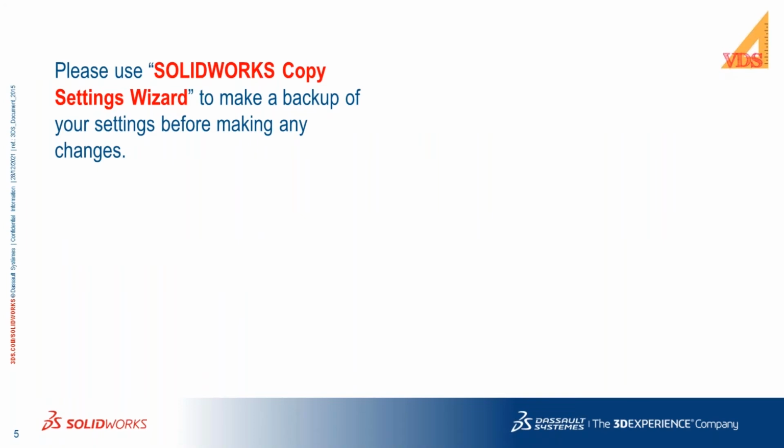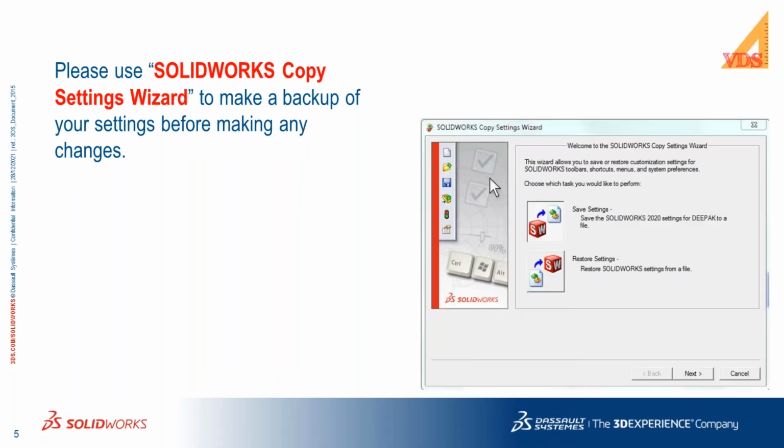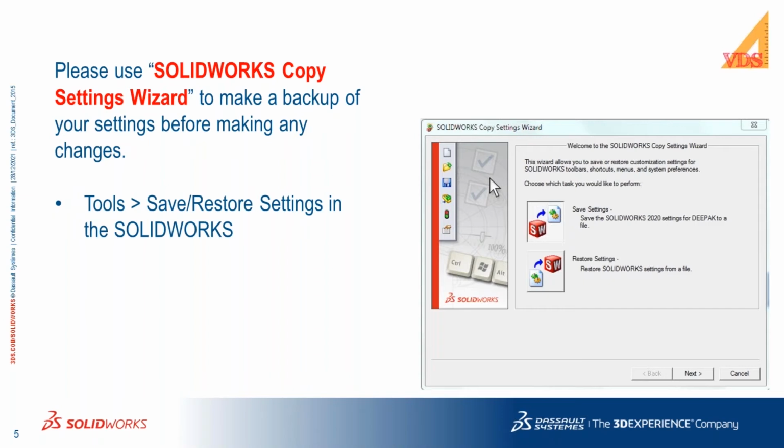Before you proceed, after this presentation, and before you change any of your settings or mess with any of your settings, I would strongly advise you to make a backup copy of your settings using the SolidWorks Copy Settings Wizard. That's the initial window. You can find this toolbar inside SolidWorks Tools, Save/Restore Settings.